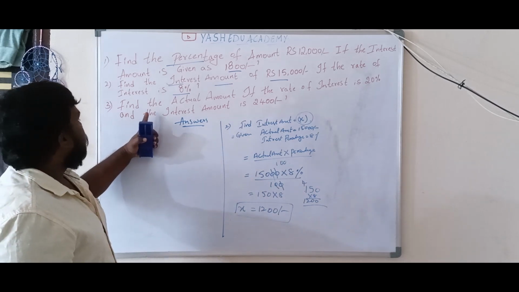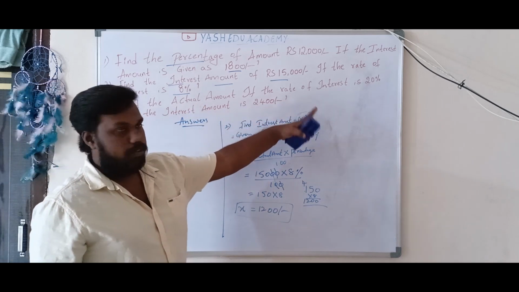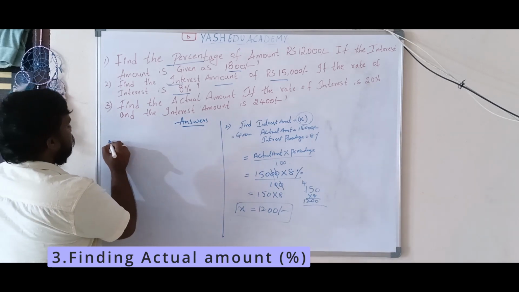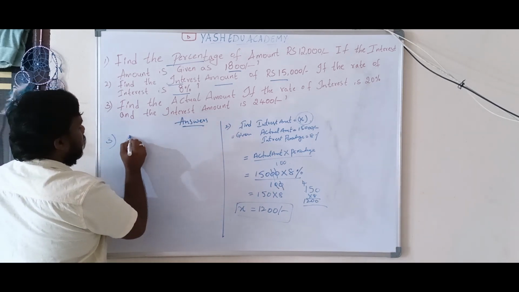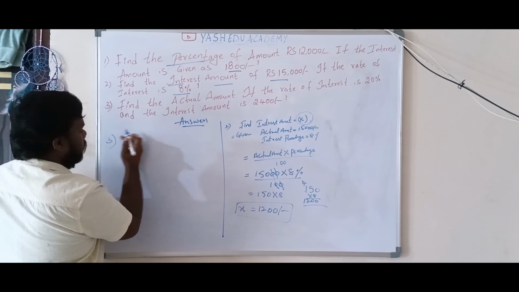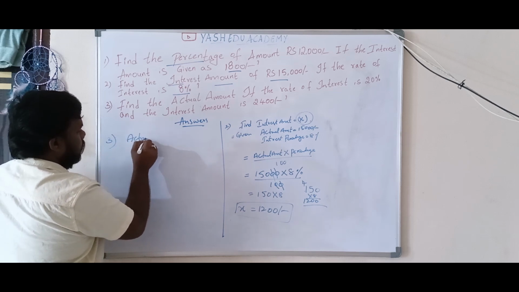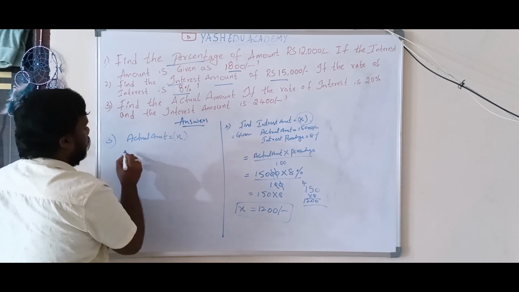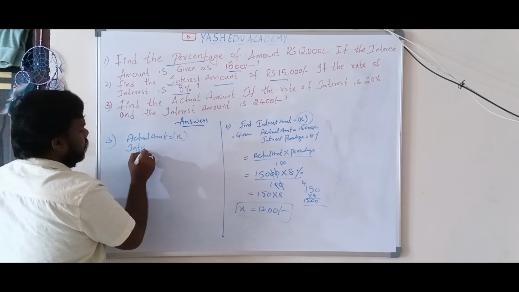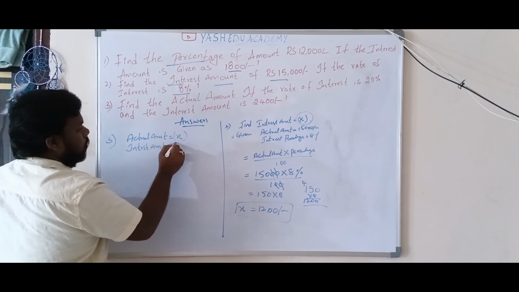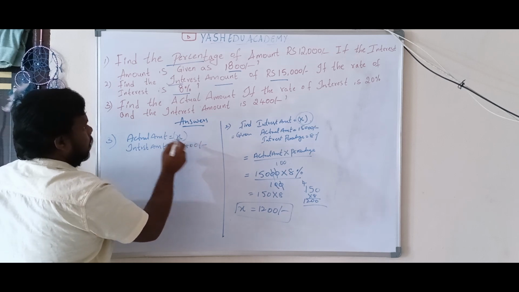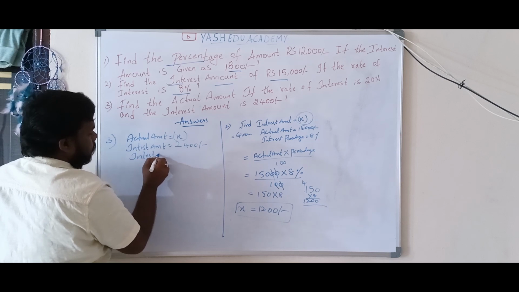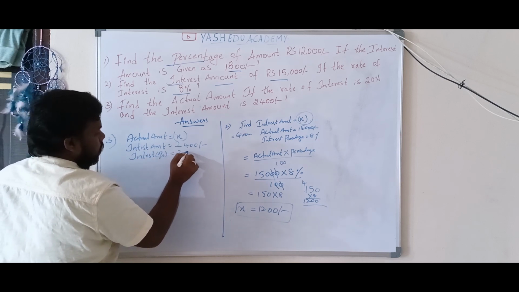What is the question? Find the actual amount if the rate of interest is 20% and the interest amount is 2400. So first let us write actual amount we need to find. Actual amount is equals to x. So the interest amount is 2400 and the percentage is 20%. Interest percentage is 20%.